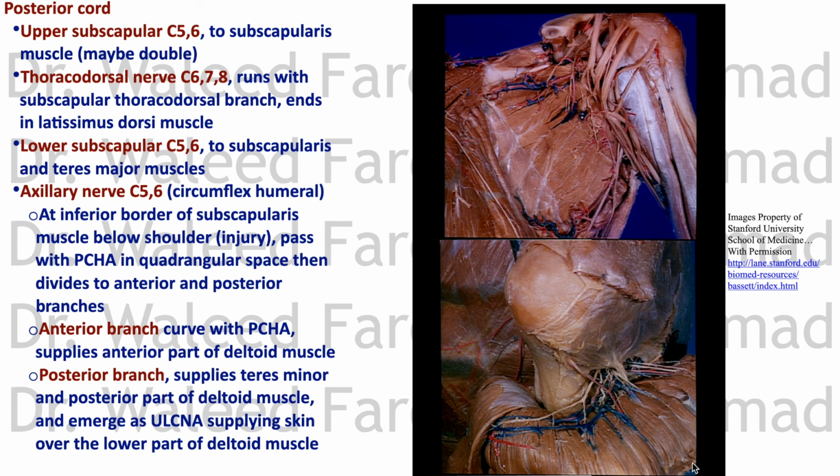Remember, the upper lateral cutaneous nerve of arm is a branch of the axillary nerve, while the lower lateral cutaneous nerve of arm is a branch of the radial nerve, okay? Supplying the skin over the lower part of the deltoid muscle.